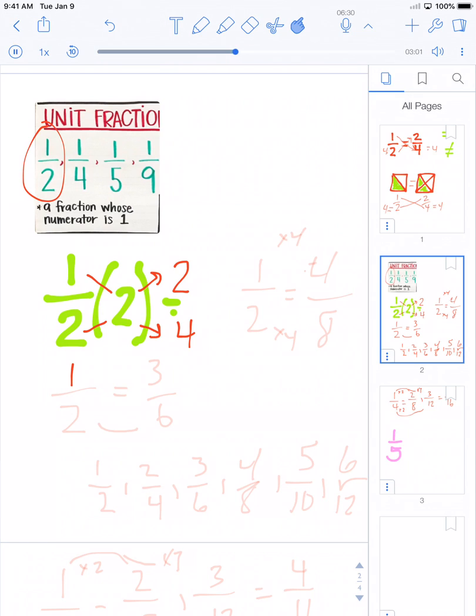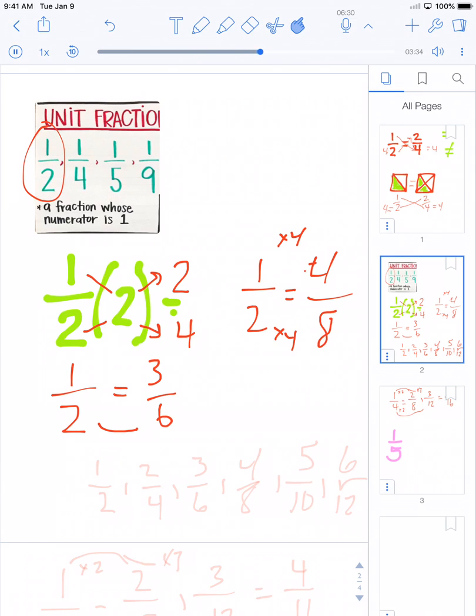We could do 1/2 times 3, and I could just say that 1 times 3 is 3, and 2 times 3 is 6. And I could do this with 4. 1/2, I can put my equal sign there, and if I'm doing both sides by 4, 1 times 4 equals 4, and 2 times 4 equals 8.